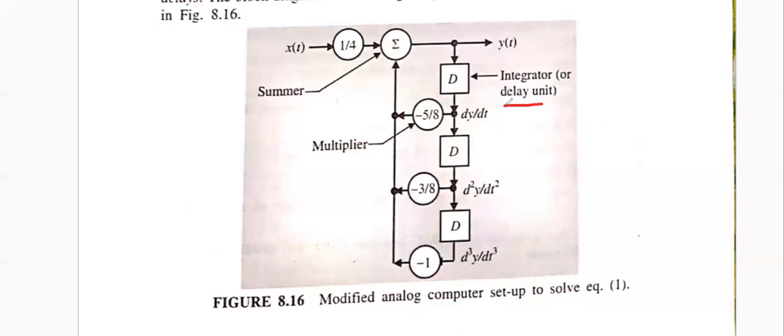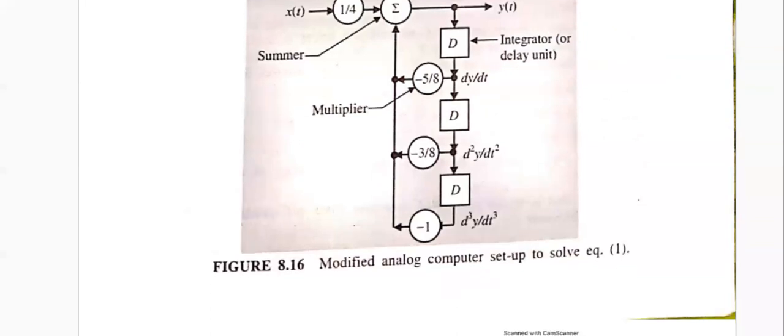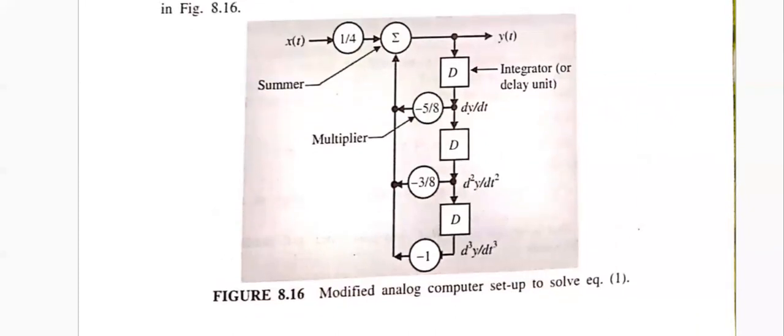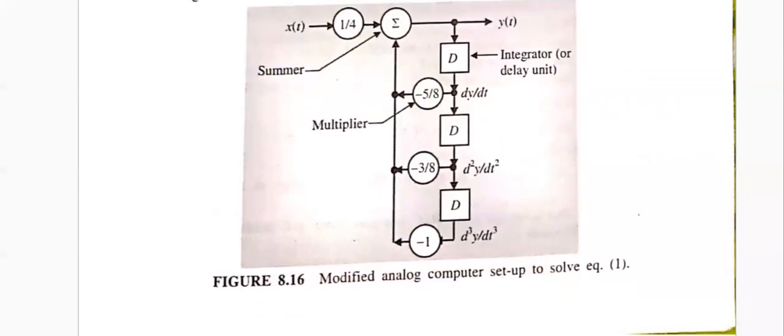Here the delay means the physical delay in the circuit. So the time delay is equivalent to the integrator circuit in case of analog. In case of discrete signals, this integrator or the delay can be represented by the flip-flop. You can use different sorts of flip-flop to make this delay as well. They are equivalent to the delay circuits.